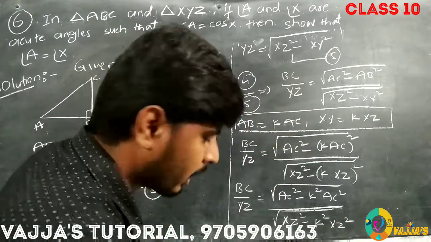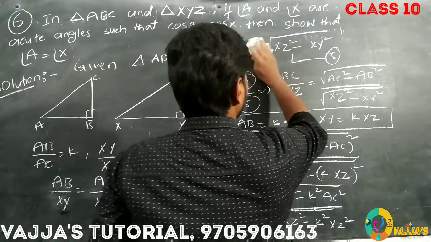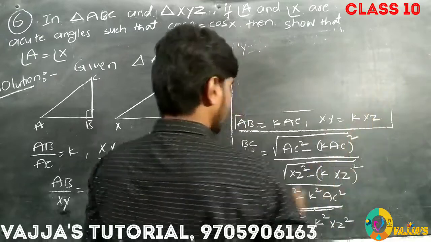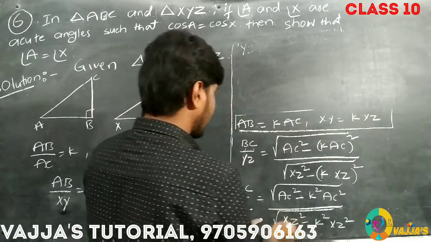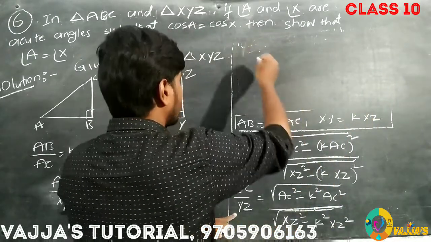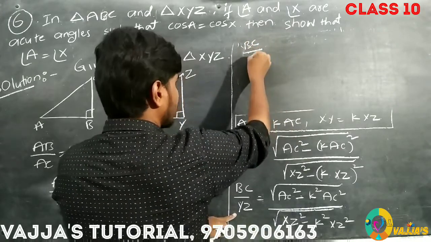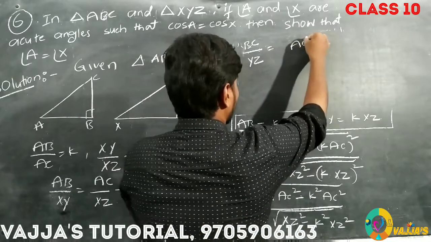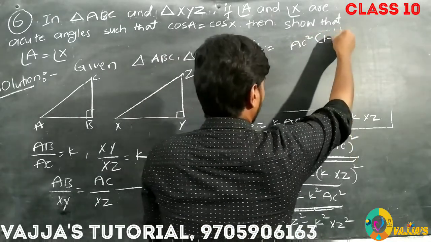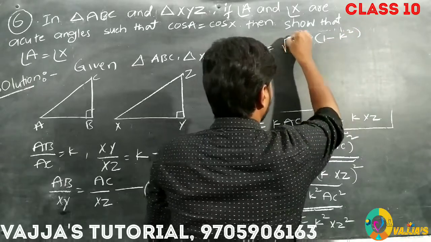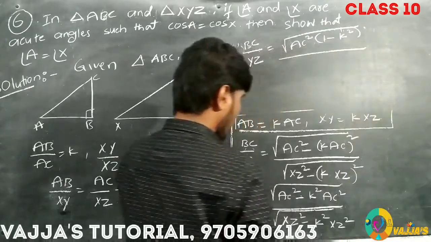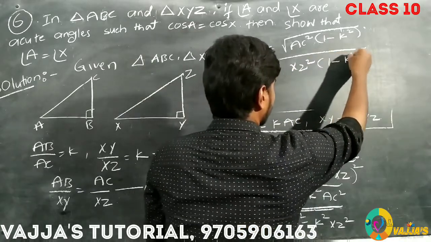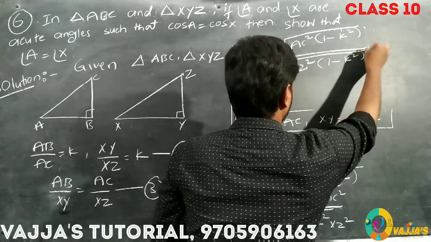In the next step I am erasing this more. The next step, look here, what does it become? I am writing the continuation. BC by YZ is equal to, taking AC square common, it becomes 1 minus K square under root as it is, by taking XZ square common, 1 minus K square as it is, and root as it is.